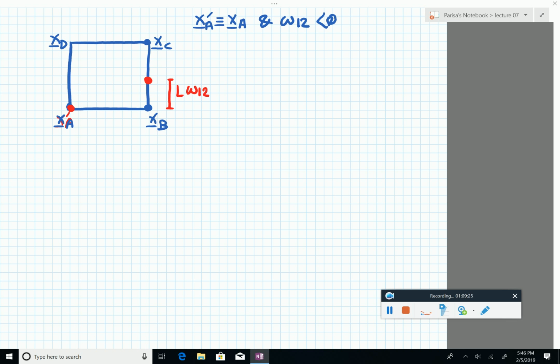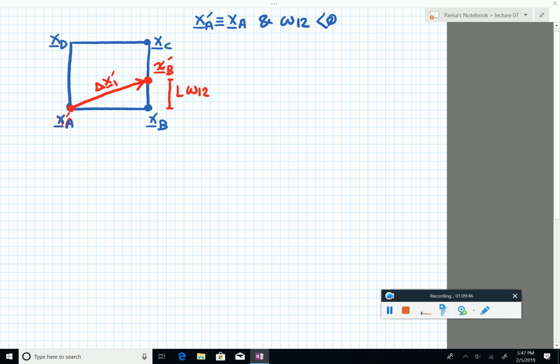I assumed omega 1, 2 be negative, so it goes up. So this is delta x1 prime.